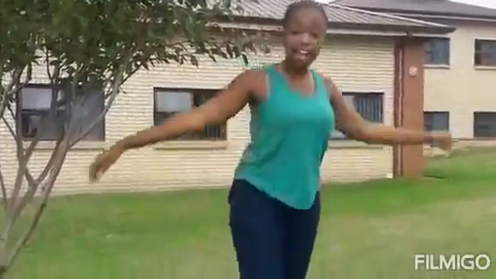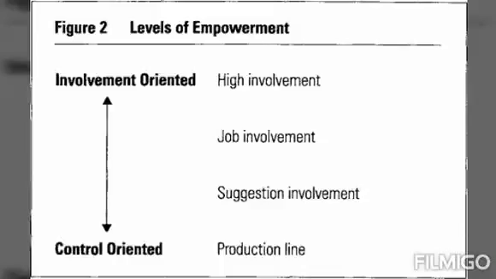Levels of empowerment. On a scale of high to low, highest being involvement orientated and lowest being control orientated. High involvement is where employees are trained to develop skills and teamwork to generally manage themselves.